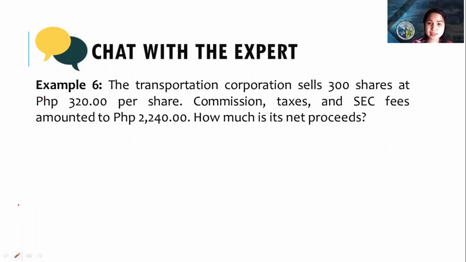But here's a problem. Example number 6. The Transportation Corporation sells 300 shares at 320 per share. Commission, taxes, and SEC fees amounted to 2,240. How much is its net proceeds? It's going to be the market price minus the expenses. So how much will be the market price?